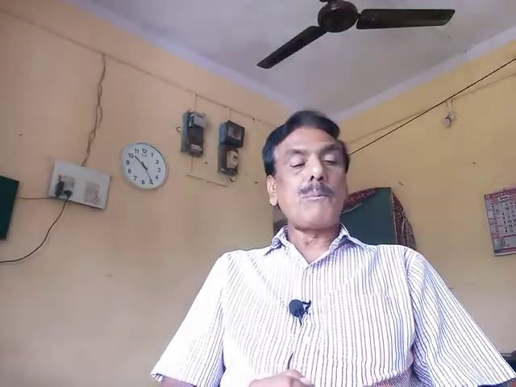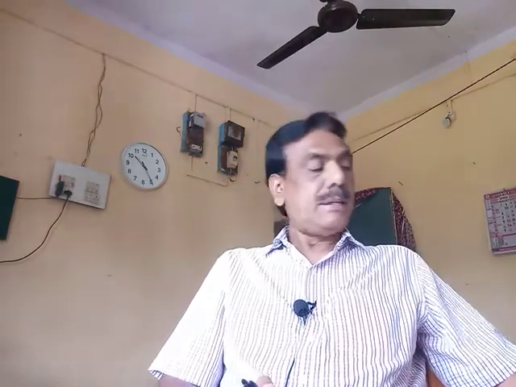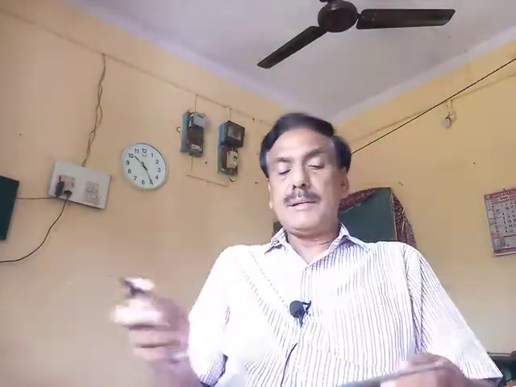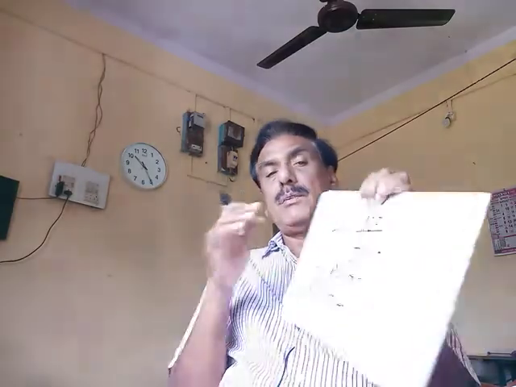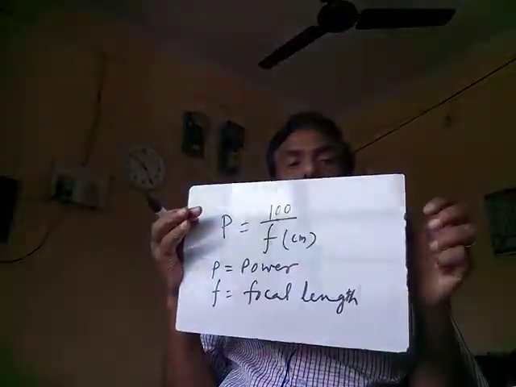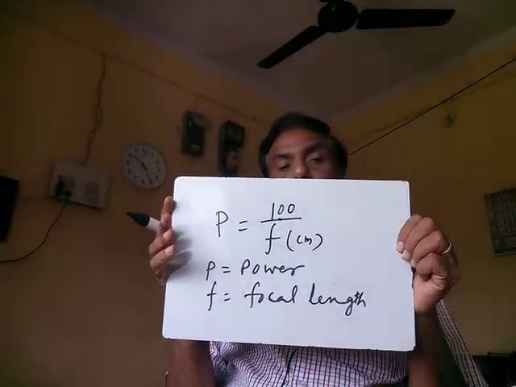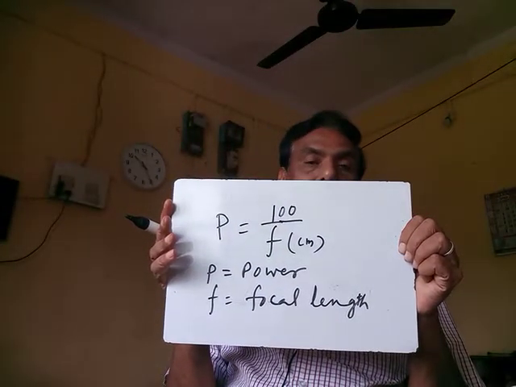So I can give you one formula for finding the power when the focal length is in centimeters: power is equal to 100 by f, if f is in centimeters.